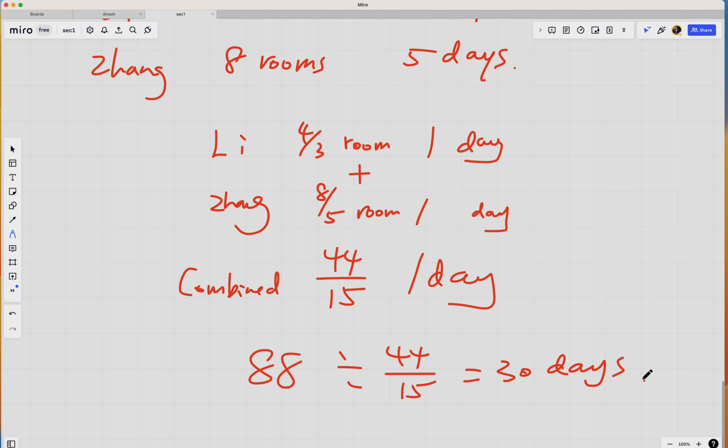Okay. 88 divided by this. Yes, 30. So this question, the concept they want to test you is speed times time. In this case, not distance. They're not running.